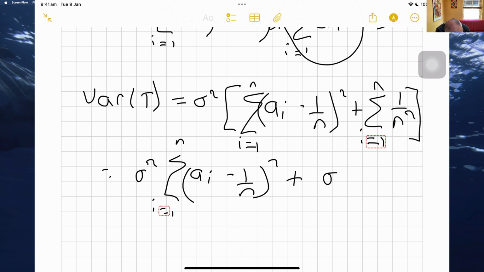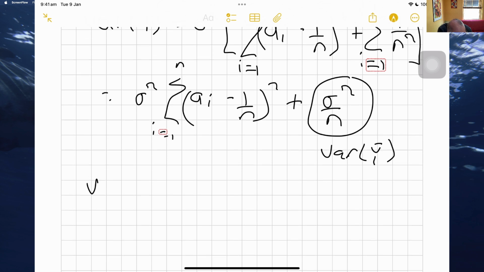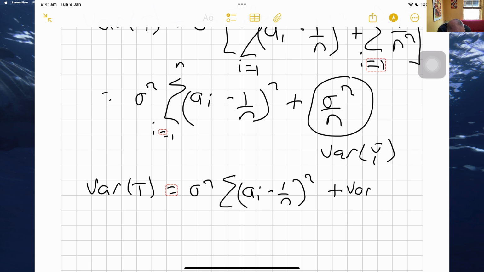So we've got sigma squared on n. Well, blow me, this is the variance of y bar. So basically the variance of t equals sigma squared times the summation of ai minus 1 over n squared plus the variance of y bar.